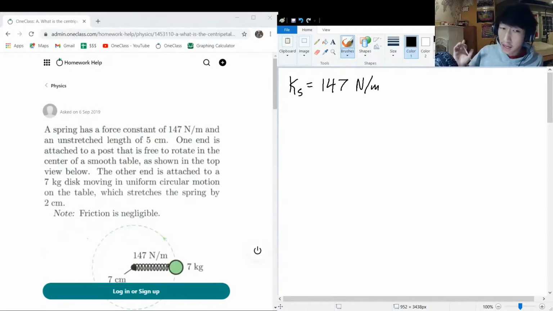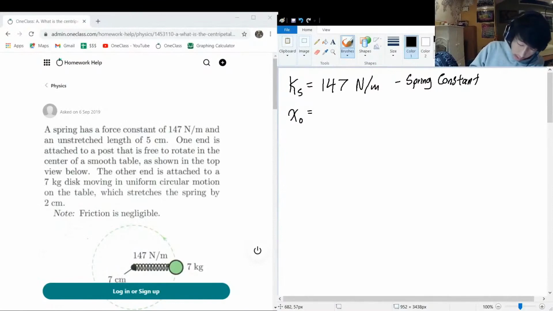Now we also have the unstretched length. Let's call that X0. So this is the spring constant, and our unstretched length is 5 centimeters, which is equal to 0.05 meters.